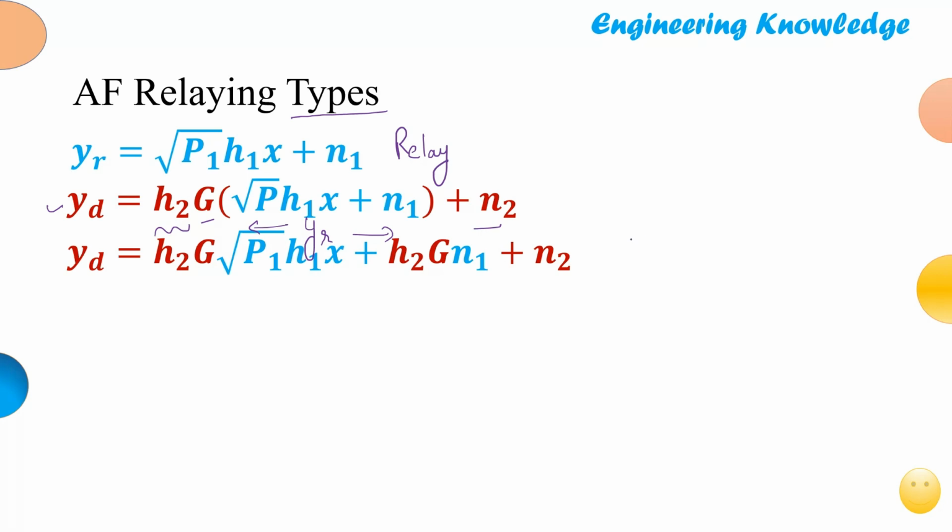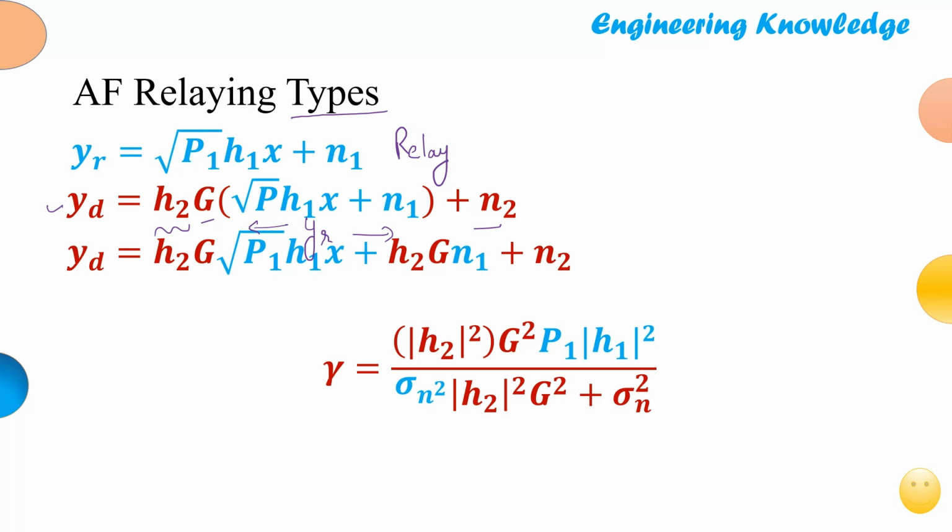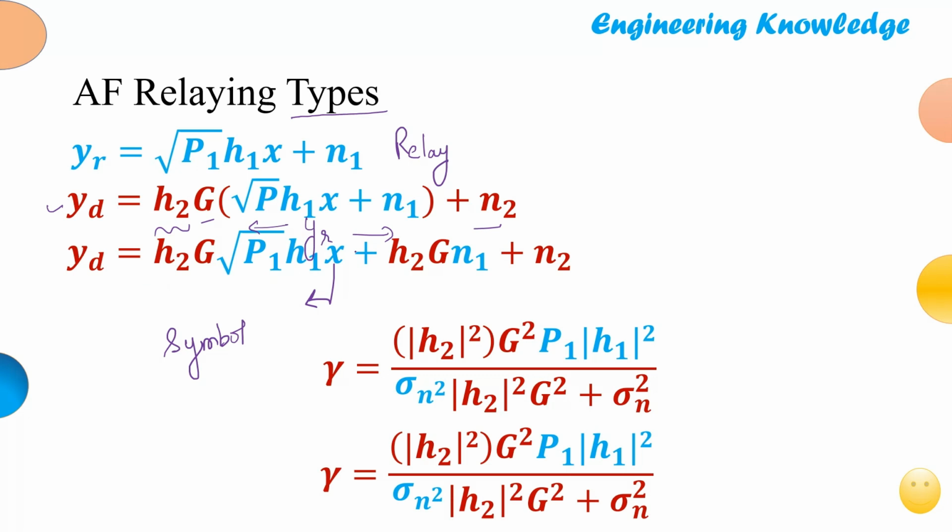Now from here, you can understand what happens to the signal to noise ratio. The signal to noise ratio is basically signal upon noise. Where is the signal? This was the symbol that we want to transmit, so the first component is the signal, and the second component, this complete entity, is noise.